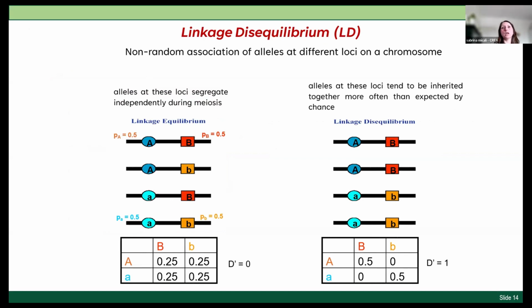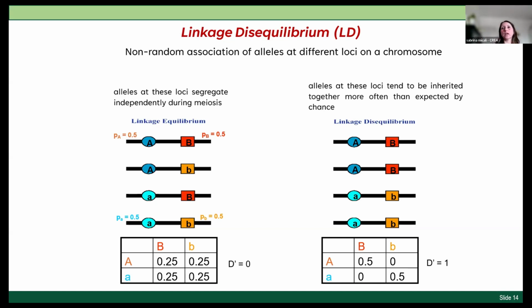So if we have two genes with two alleles, and there is complete equilibrium, so no association, the four alleles are segregated randomly and independently, and we can find all the classes of genotypes. While when there is association, in this case complete association, only particular combinations of the alleles tend to be inherited together.